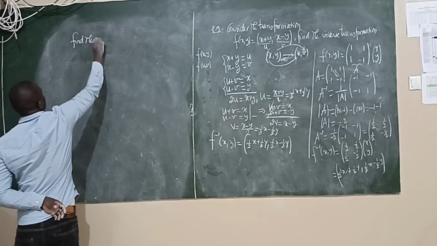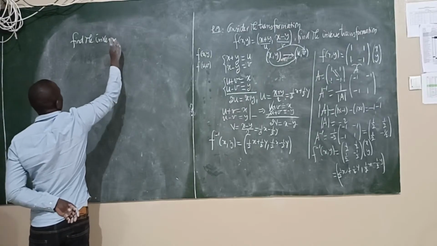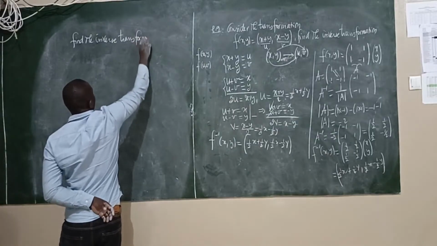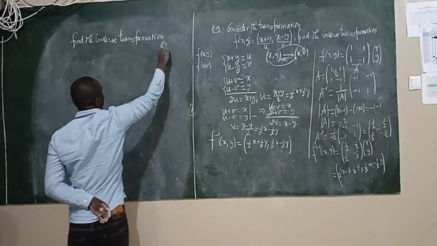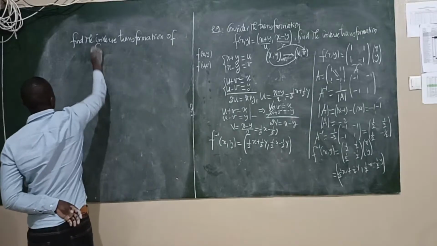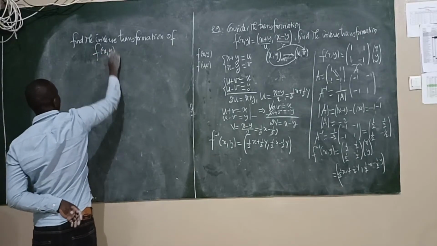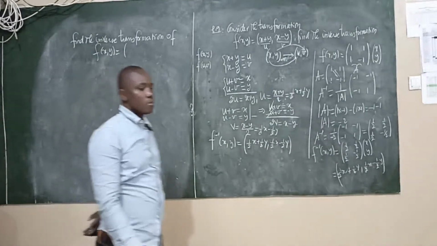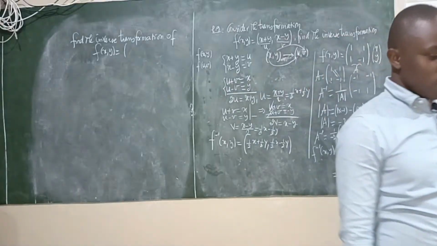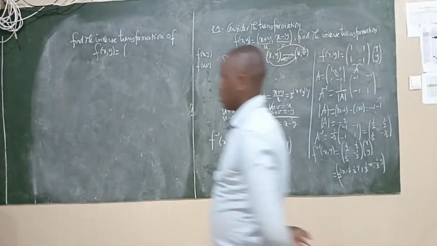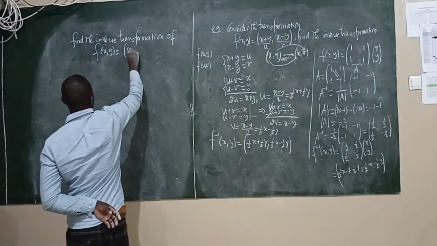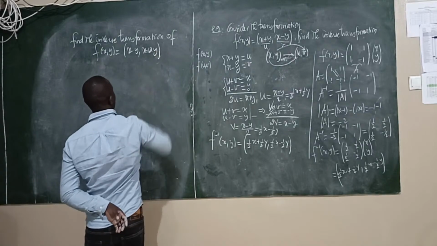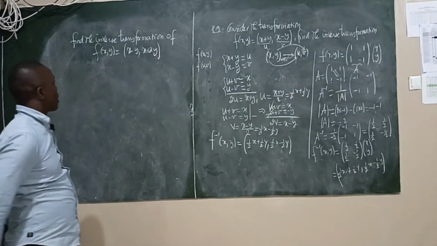Find the inverse transformation of, let me have the question, x minus y, x plus 2y.